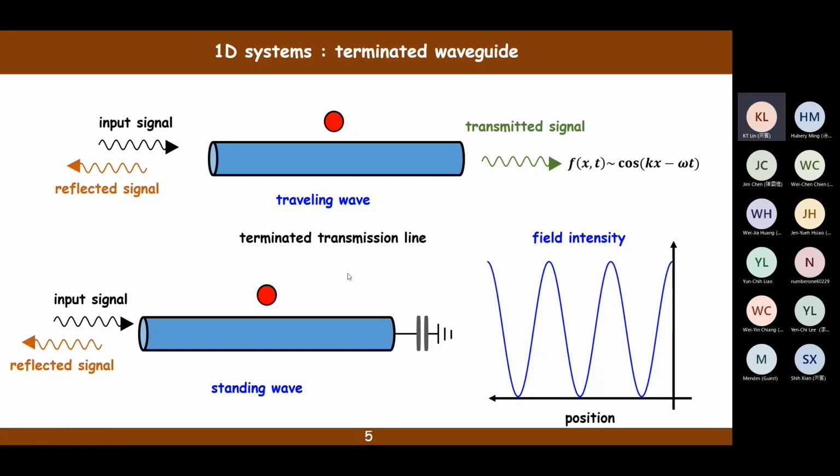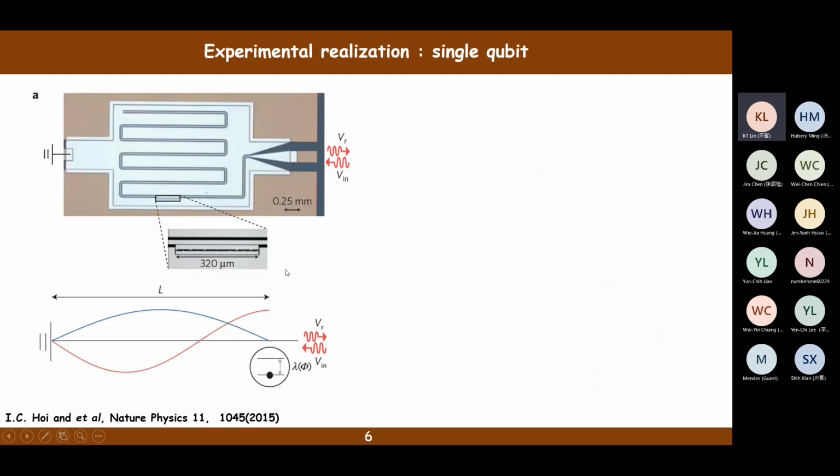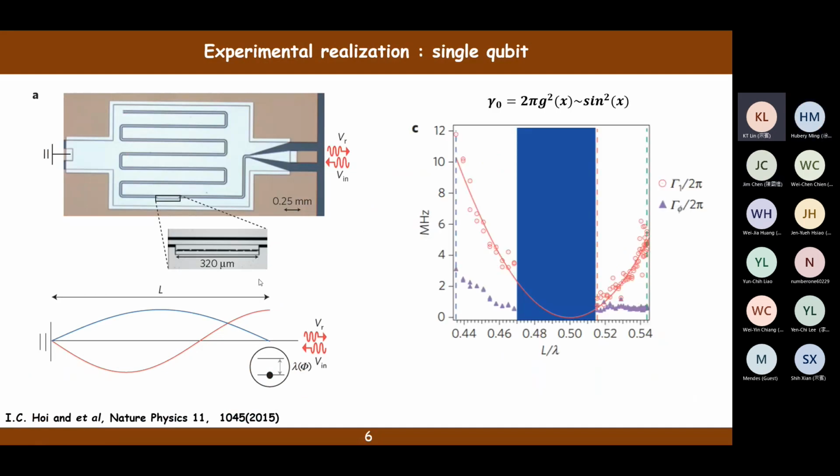Experimentally, how do we change the position of this qubit, right? Because you have a transmon device, you can just tune it. You can apply an external field to change the transition frequency or transition wavelength of this qubit, right?